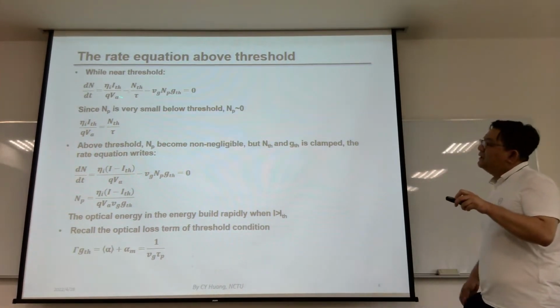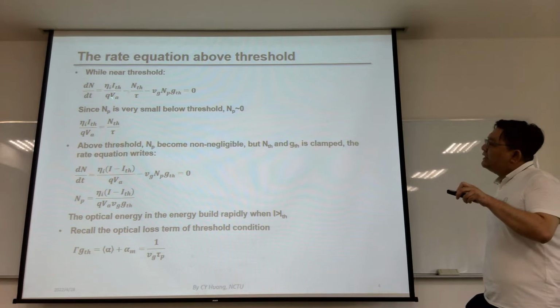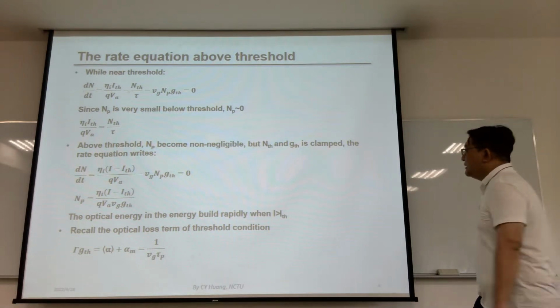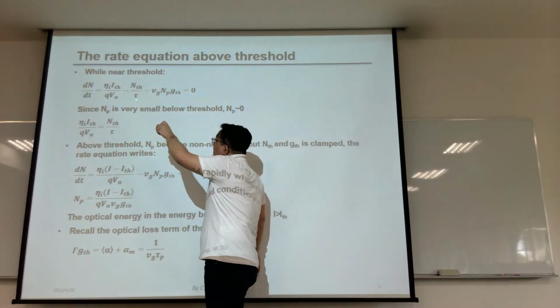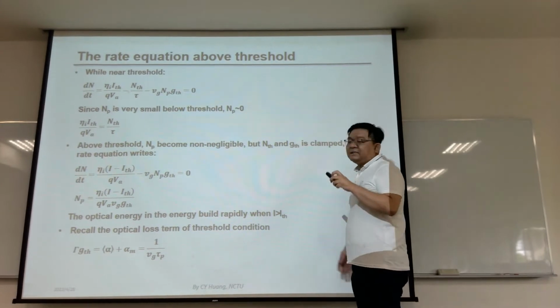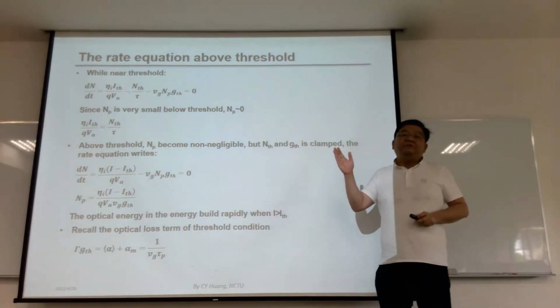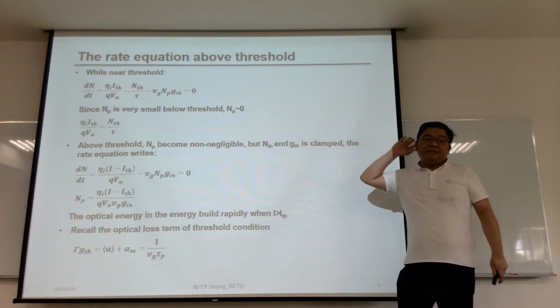If the system is under the threshold current condition, that means delta I divided by qV, minus N_TH over tau, minus the v_g g N_P is 0. So this is the term of gain, and this is the carrier loss. Okay, since it's still at the threshold level, the photon density hasn't increased yet.